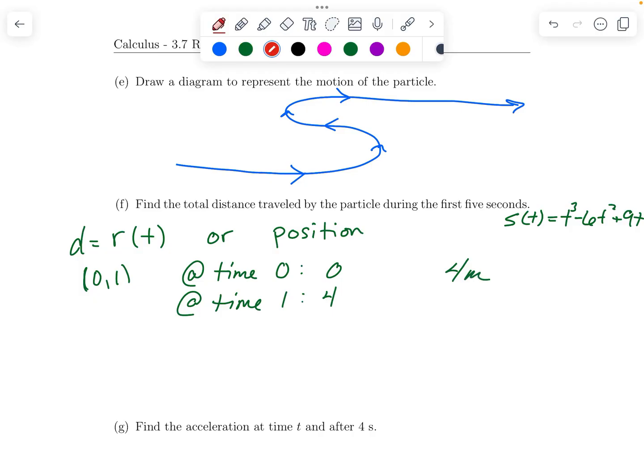I can do the same thing using my position function to go from 1 to 2. So time 1, I'm at 4. At time 2, that's 8 minus 24 plus 18, I'm at 2.